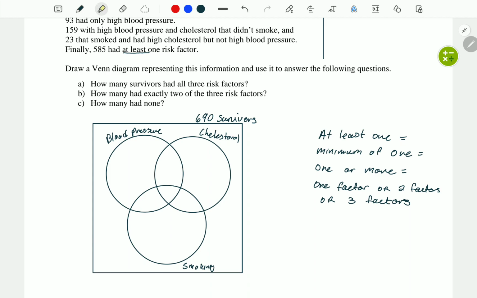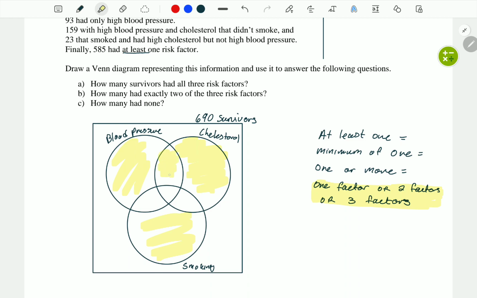I'm going to highlight this part right here in yellow. When we see the words at least one, that means one or more, one or greater. We're going to see that later on in the semester as well. So 1 risk factor or 2 risk factors or 3 risk factors. This right here is 1 risk factor, 1 risk factor, 1 risk factor.